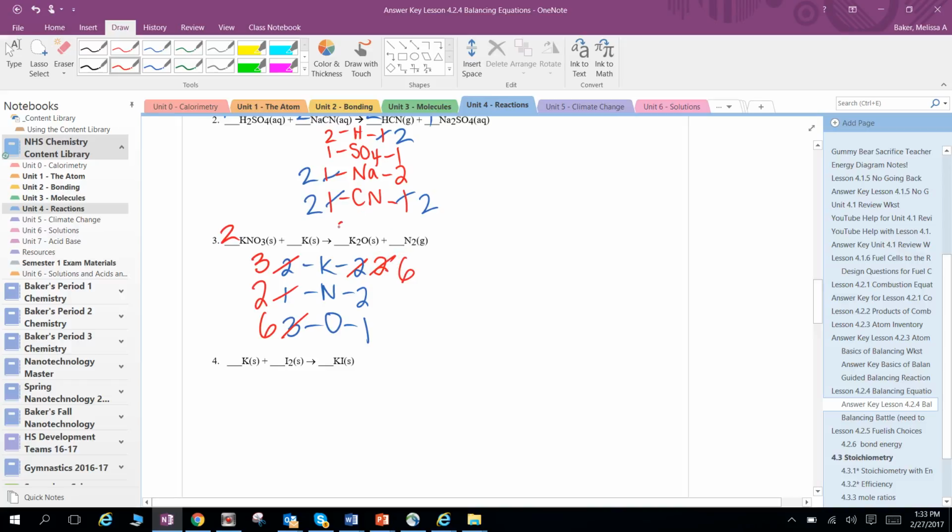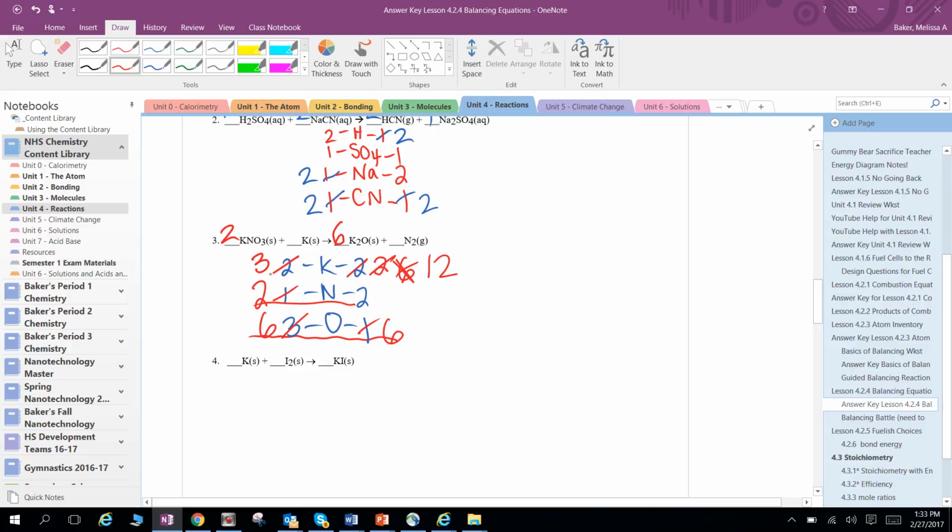So what if I try putting a 6 here? Now I've got 6 times 2, I've actually got 12 potassiums, not 6. This is what I meant to change to 6. 6 oxygens and the 2 nitrogens. So I got to go back over to the other side. Everything is balanced now, 6 and 6, 2 and 2, except the potassiums.